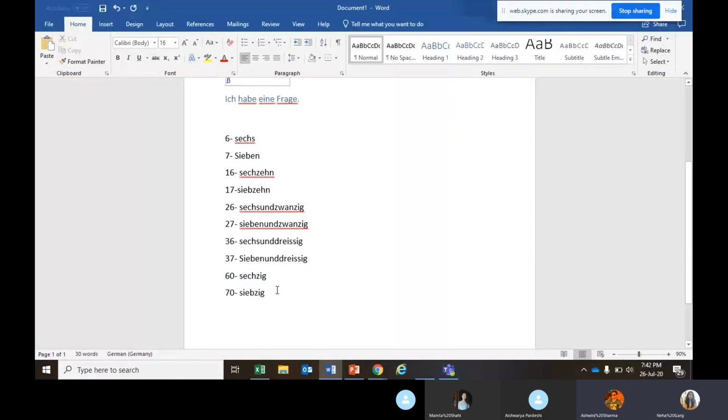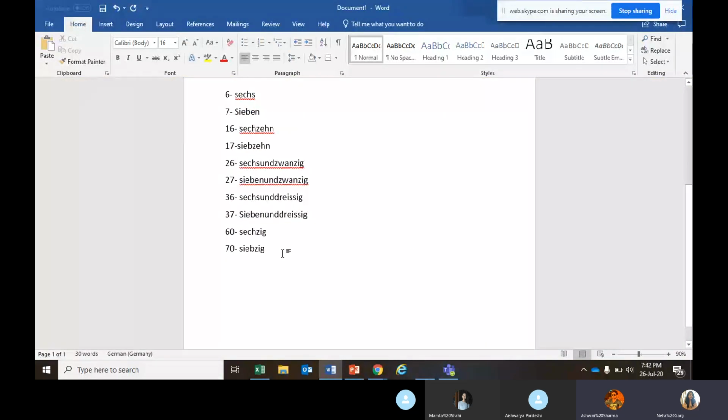And how do we write 66 and 77? Anyone would like to say how we would be writing 66? Zex und 6 complete, because we would be having und in between, 6 as a complete 6, then 60, Zexish.